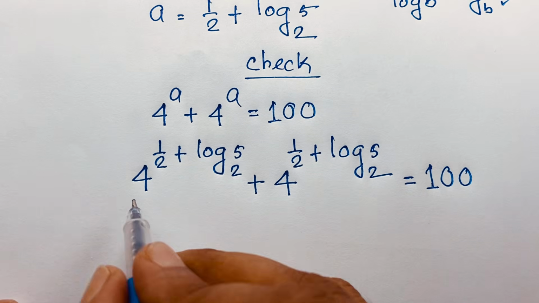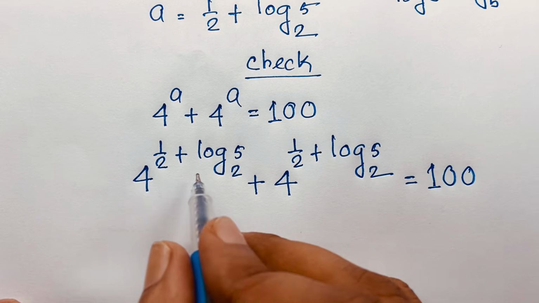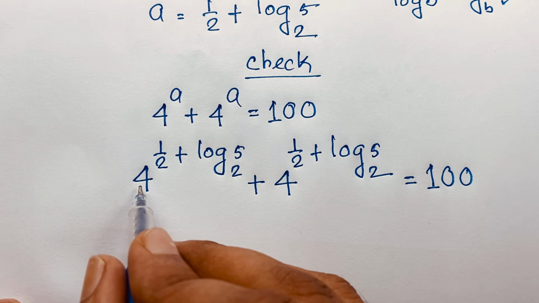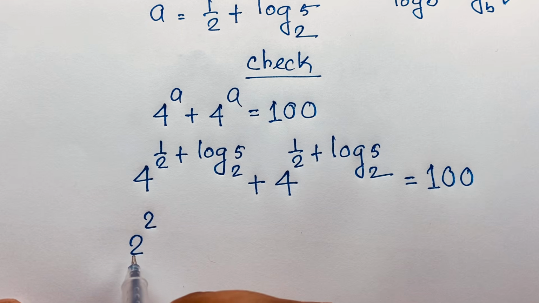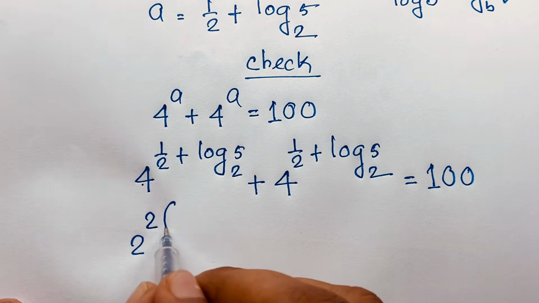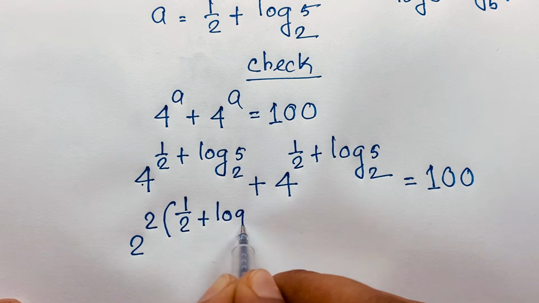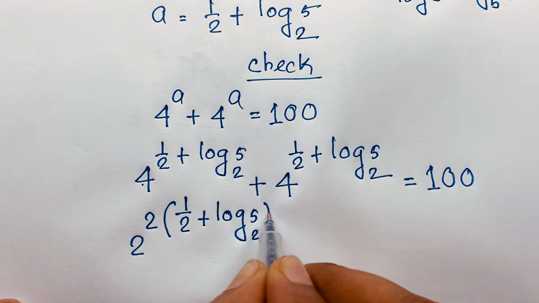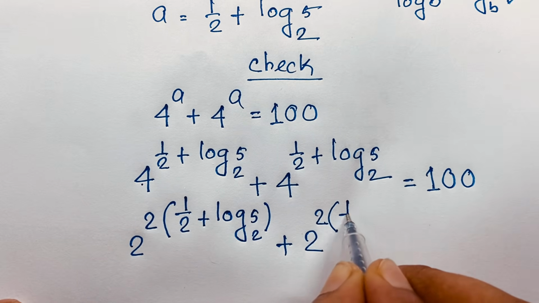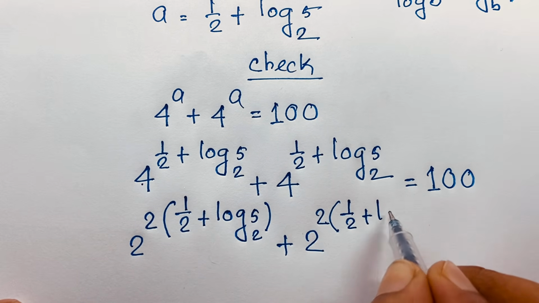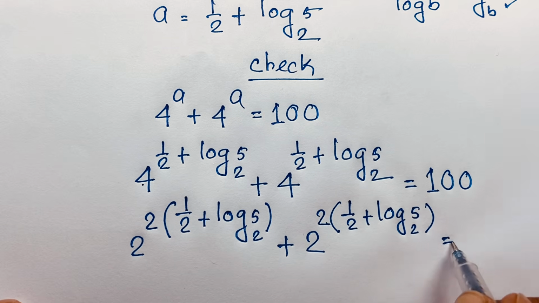If I separate this case, first of all you can say this 4 will be 2 to the power 2. 2 to the power 2 is 4. And I take this exponent again here, half plus log 5 base 2. And here same case, 2 to the power 2, and this exponent half plus log 5 base 2. Then this is 100.